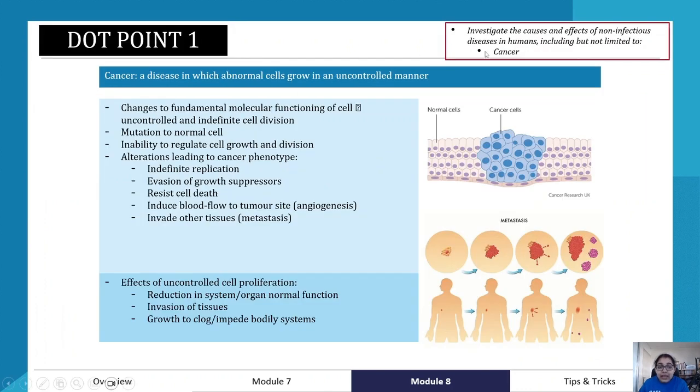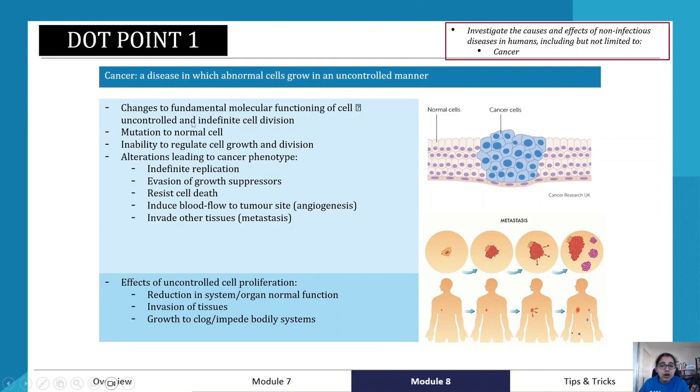Okay, now cancer is also another one that you'll be looking at, and again it's mentioned in the syllabus. Cancer is a disease which occurs when abnormal cells grow in an uncontrolled manner, and this is where we see changes to the fundamental molecular functioning of a cell.